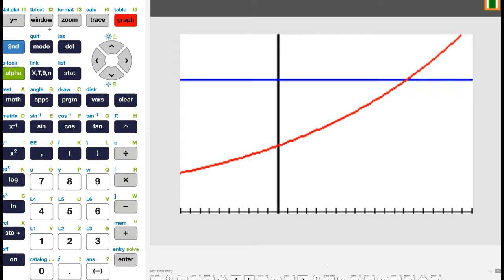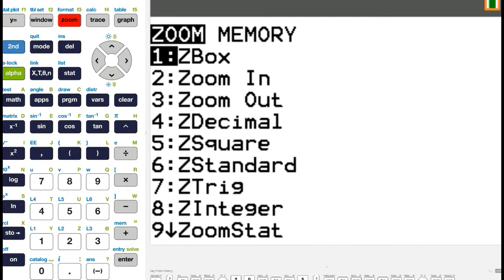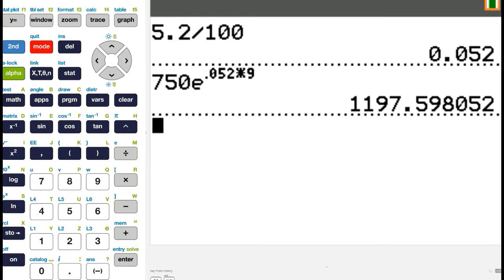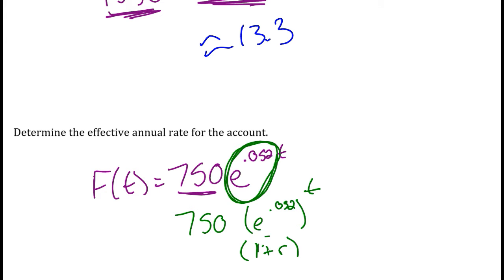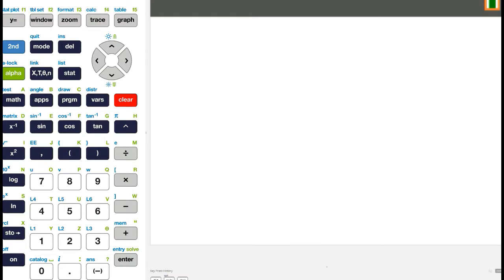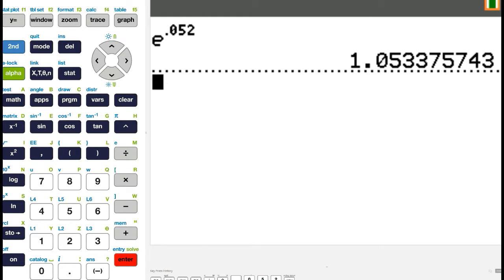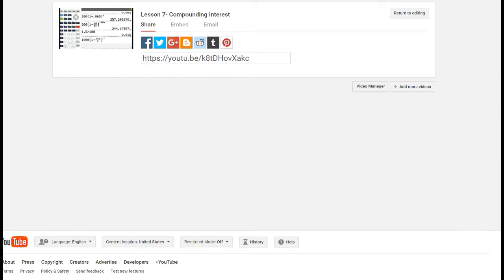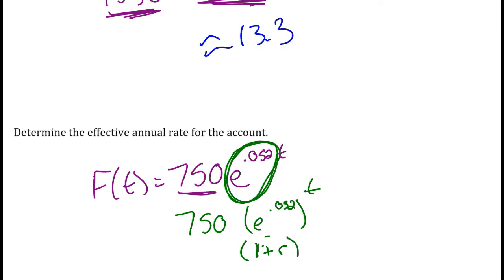e to the 0.052 is the rate. So let's type that in. To reset your window, you're going to hit Zoom Standard. Zoom 6 brings you back to where you want to be. Unrelated, so I want to figure out what e to the 0.052 is. This is going to tell me 1 plus my rate, because it's exponential growth.